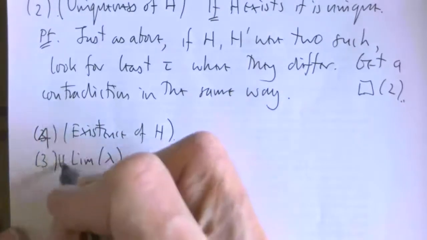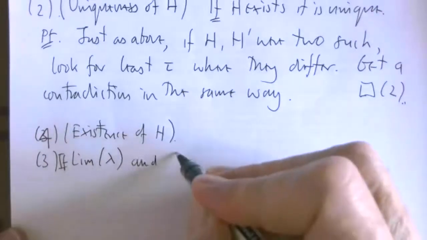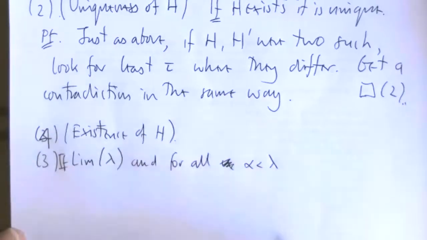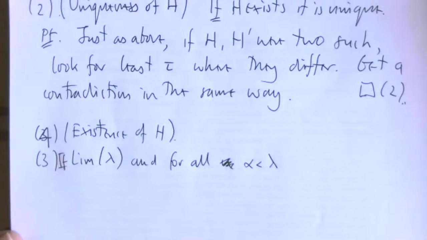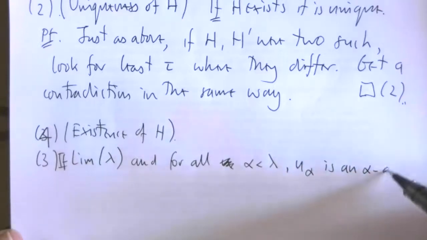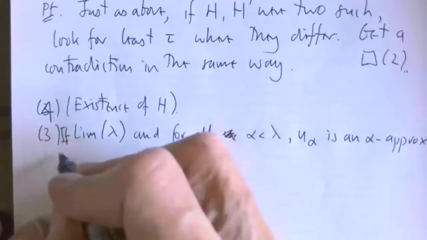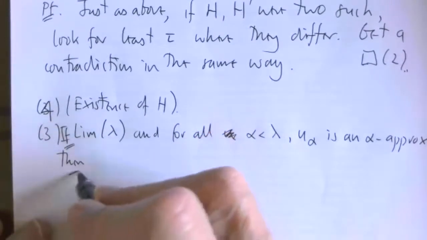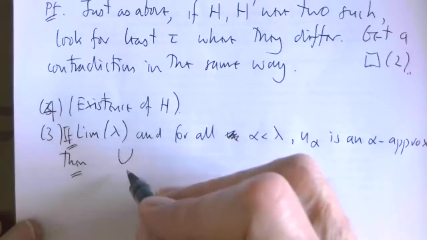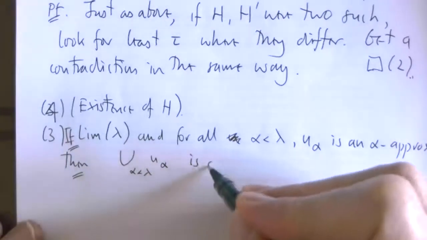If I take a limit lambda, and for all alpha less than lambda, I've got U alpha approximations, then I can just take the union of these U alphas. This is a lambda approximation.